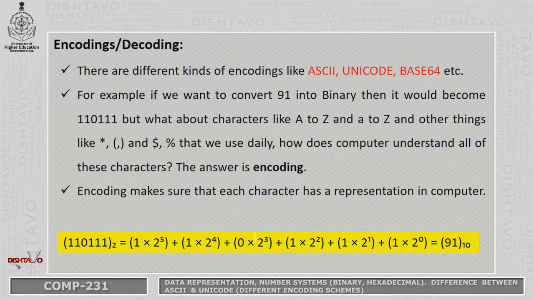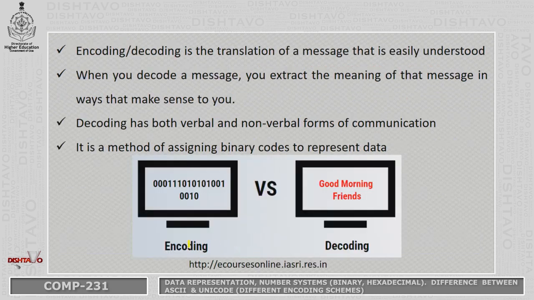But what about other characters like A to Z and small a to small z and other things, or like star, or like dollar, percentage sign that I have to convert? So for that we have to use an encoding system. Like these examples, we will understand better here. Whatever this binary code is equal to, it is good morning friends in the decoding system.